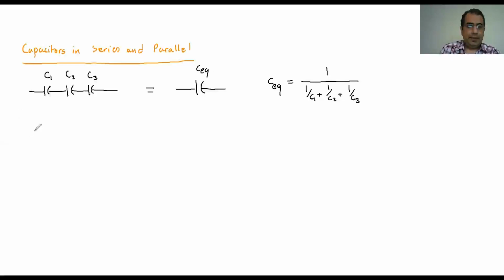And the same if we have the capacitors in parallel, like that. That's going to be C1, C2, and C3.